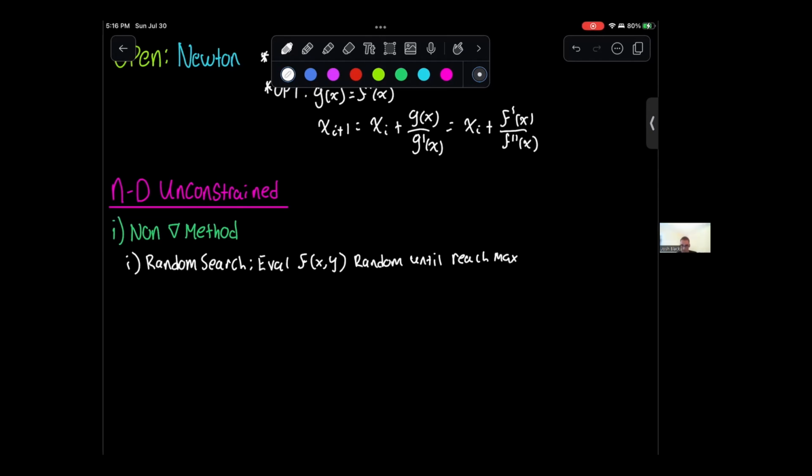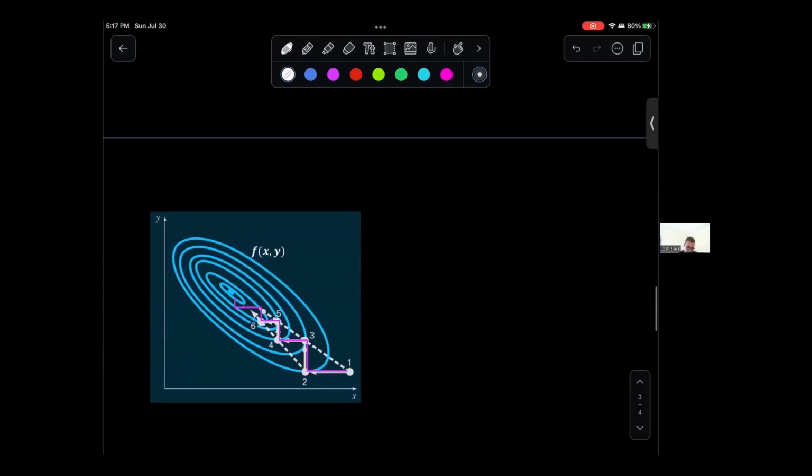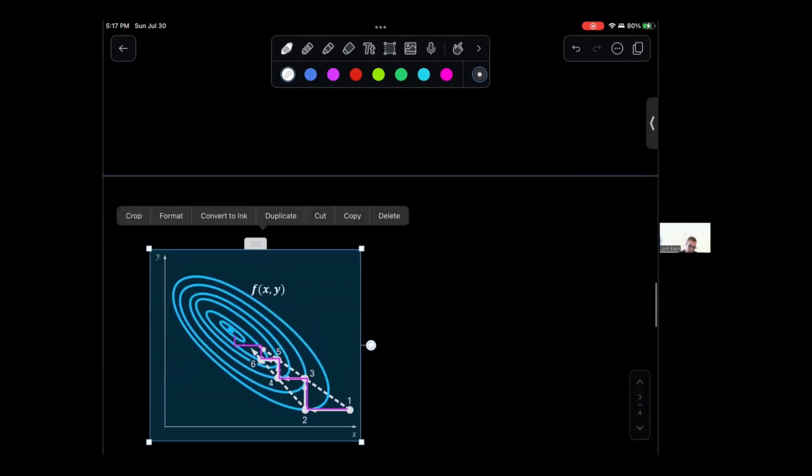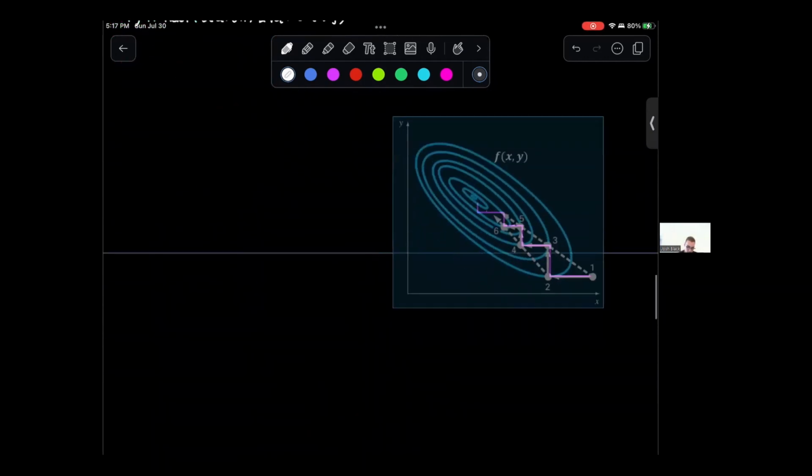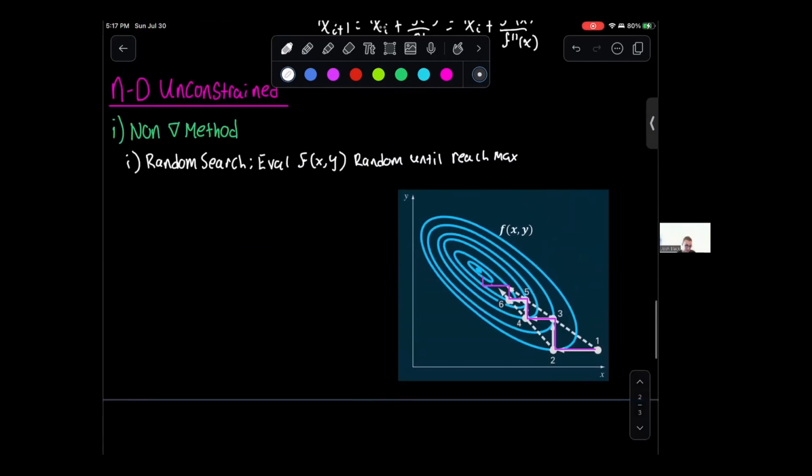Not very efficient. Okay, I'm gonna pull this picture back up because it has to do with our direct methods. Now, the second one is univariate or pattern searches. They're both not that accurate, but they're obviously better than a random search.